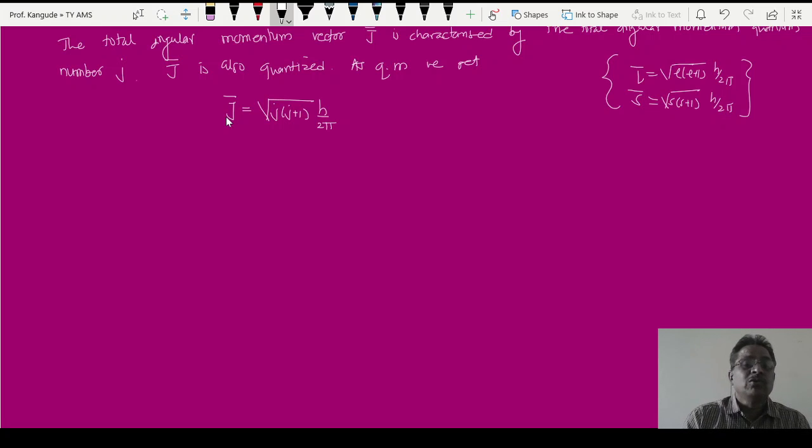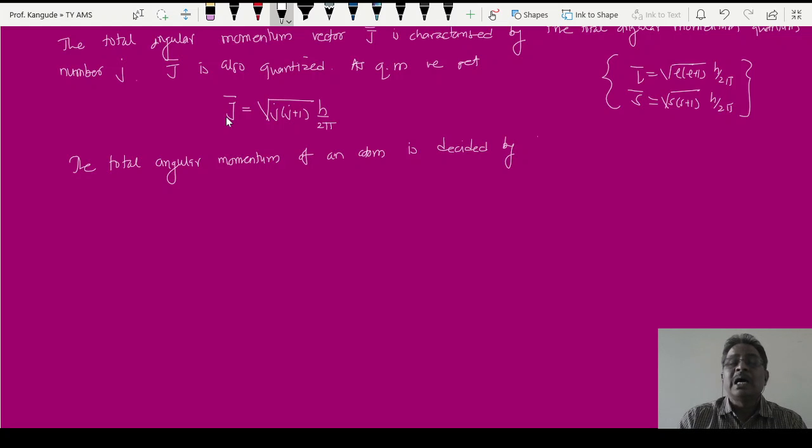The total angular momentum of an atom is decided by the last unpaired electron in an atom.